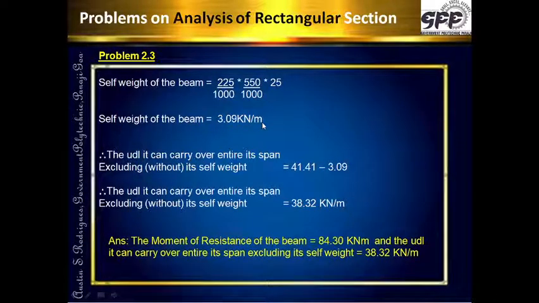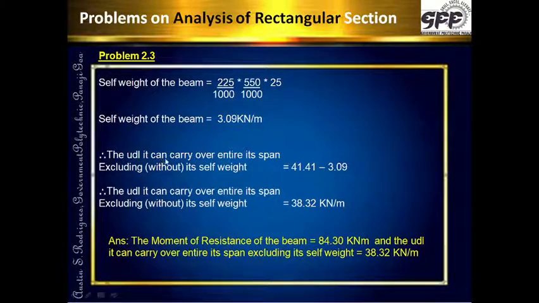Now we know that the UDL which this beam can allow on its entire span is 41.41, out of which 3.09 is its own self weight. So from 41.41 kilonewton per meter, we can safely remove 3.09, the self weight of the beam.